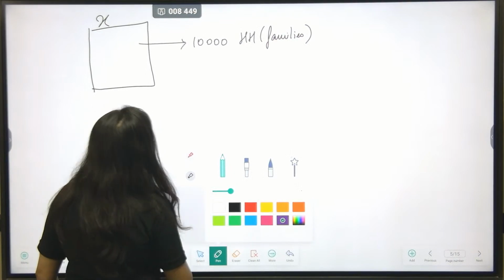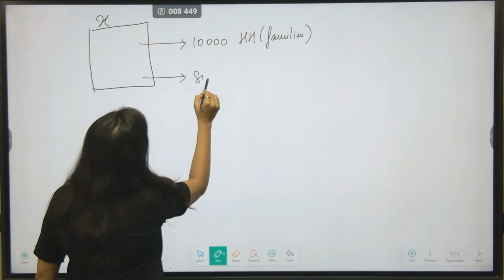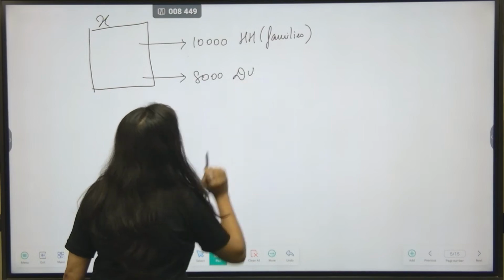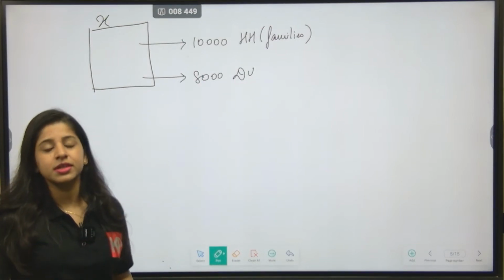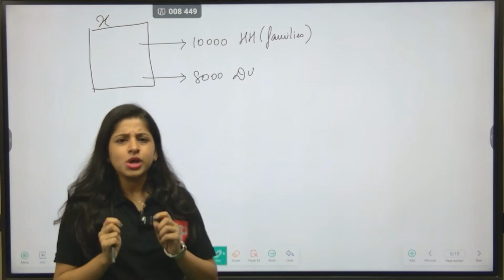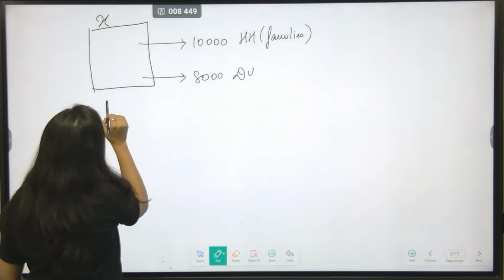Let's say presently there are only 8,000 dwelling units existing. So as per that concept, what will be the housing shortage?